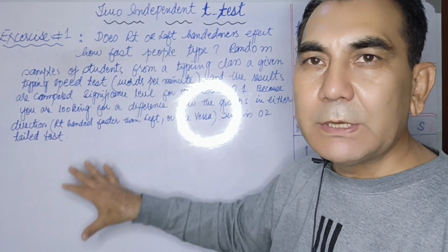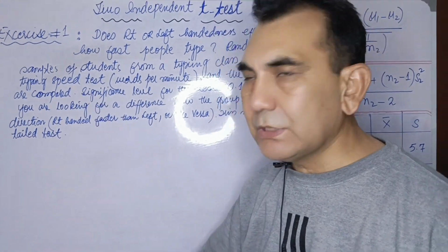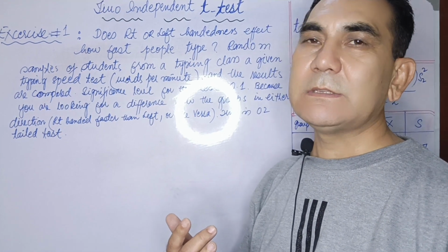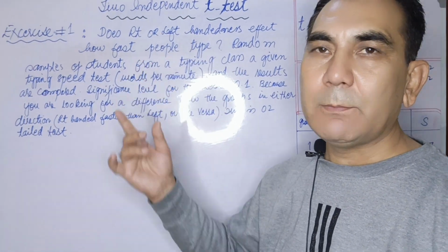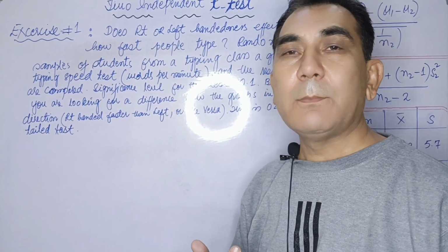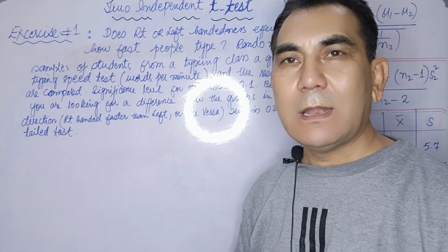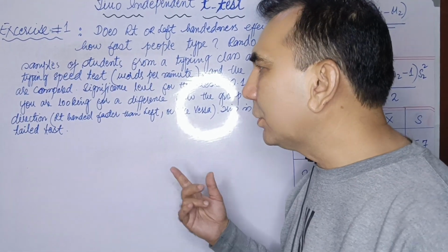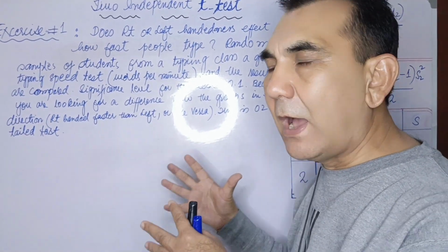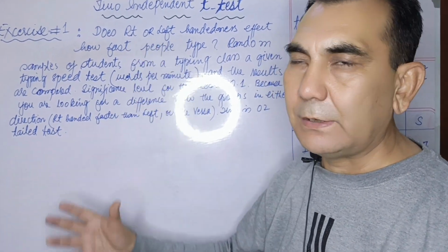To solve the two independent t-test, we follow a five-step process. In step 1, as in hypothesis testing, we write down the hypothesis statements in statistical form. The second step is the level of significance, and the third is the test statistic, where we put the values in the formula and calculate the t value of the two independent t-test.